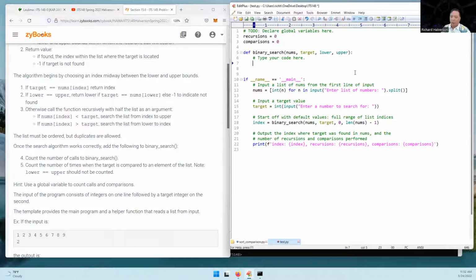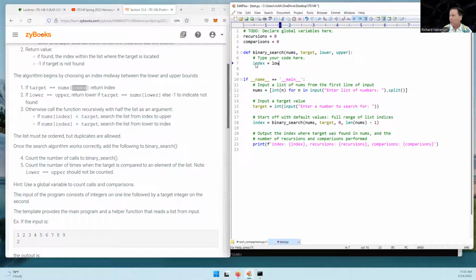Okay, so lower and upper bounds. It's calling it index, choosing an index. Okay, so I will call it index also. Index equals the middle of lower and upper bounds. How do you figure out what the middle is? It's lower plus upper divided by 2 or something.